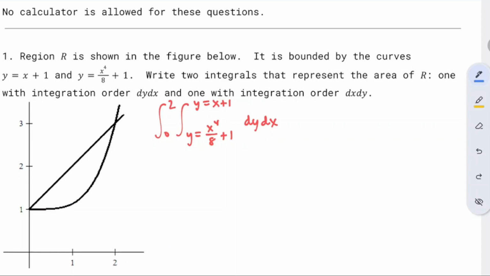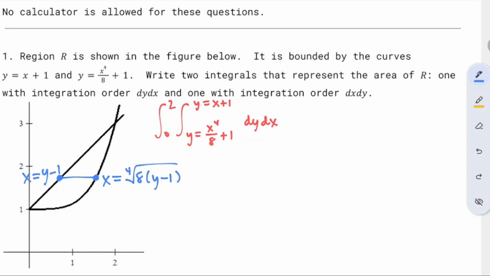If we want to do dx and then dy, I need to think horizontally first, because x would come first. And that's going to require me to solve this curve for x. This one would be x equals, subtract 1 from y, then multiply both sides by 8, and then take the fourth root.